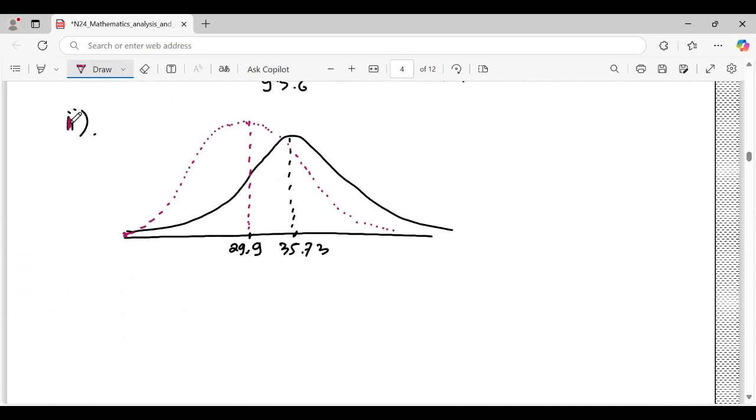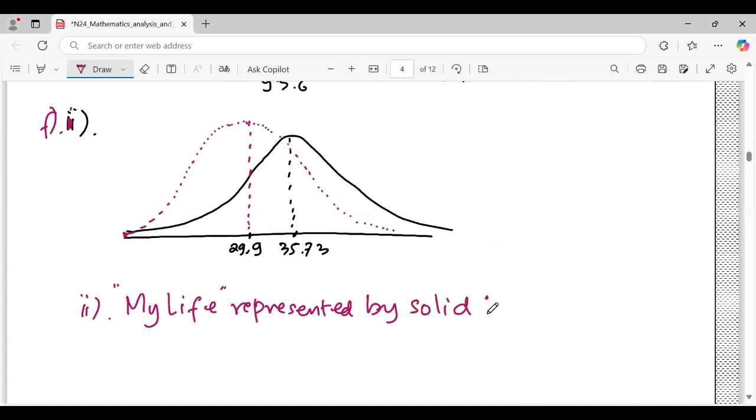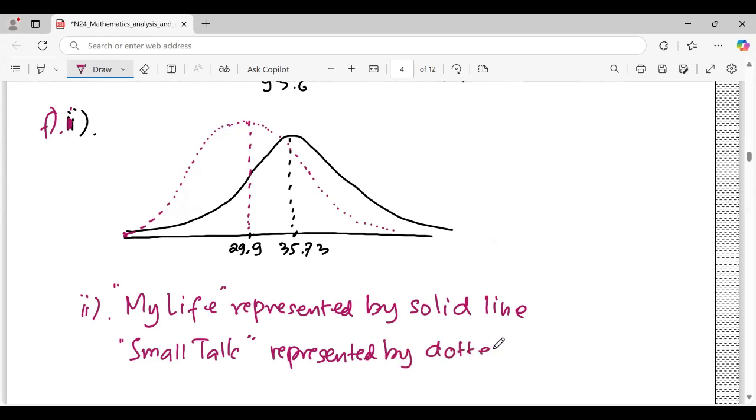Wait, this is part one, actually part one of F. And part two: my life platform represented by solid line, while small talk represented by dotted line.